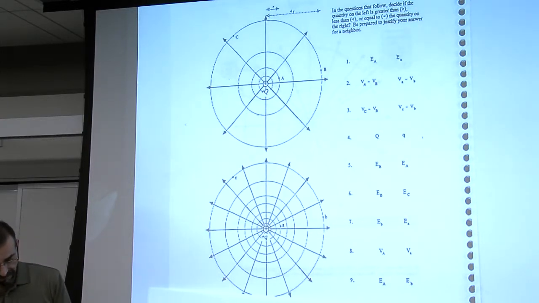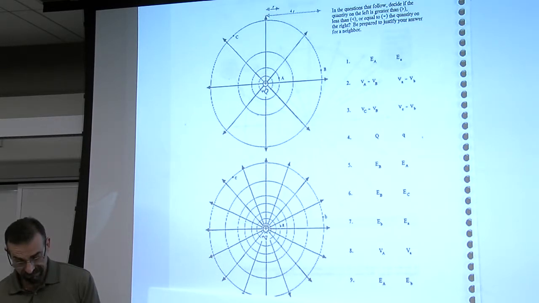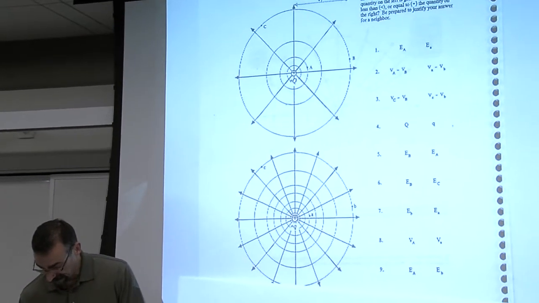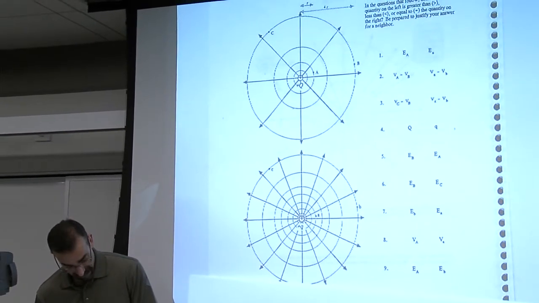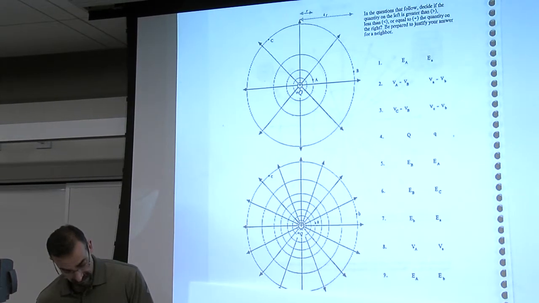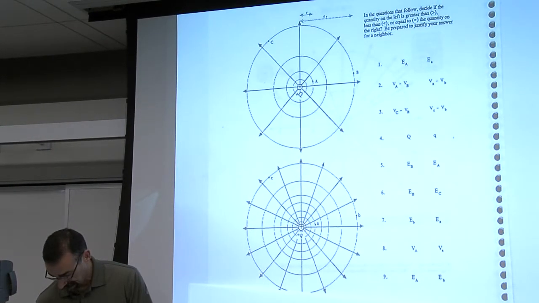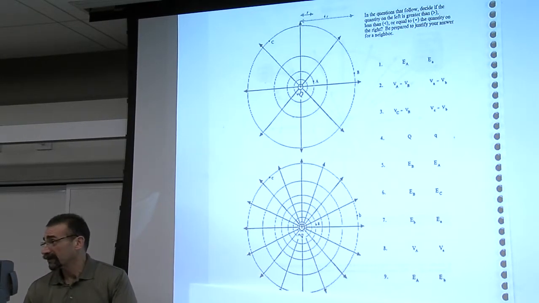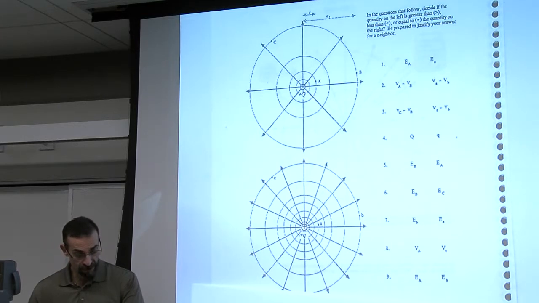So how does the electric field at A, number 1 then. The electric field at capital A versus the electric field at little a. They're both the same distance away from the charge.